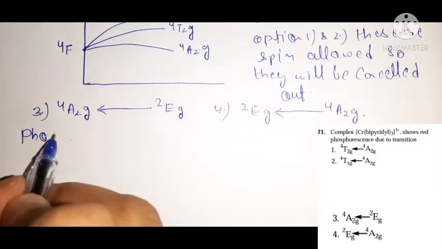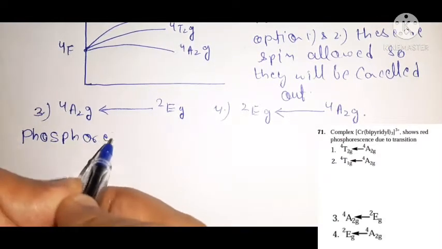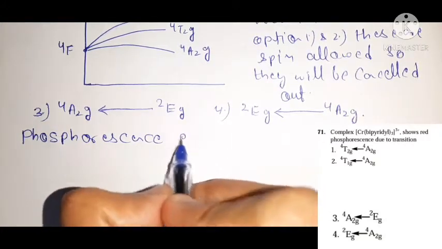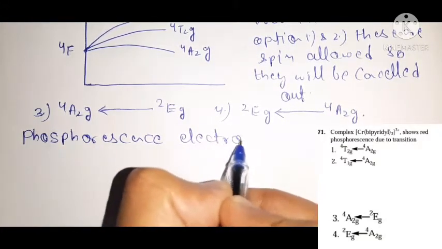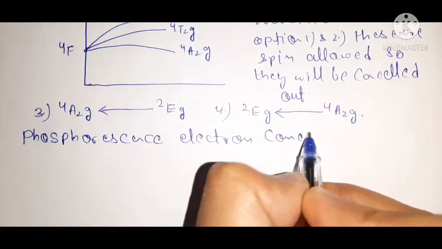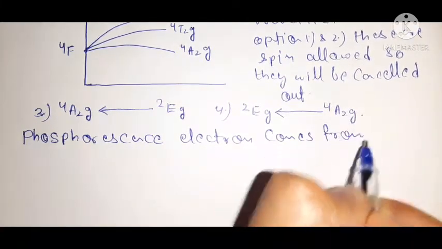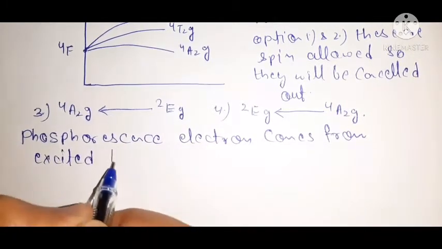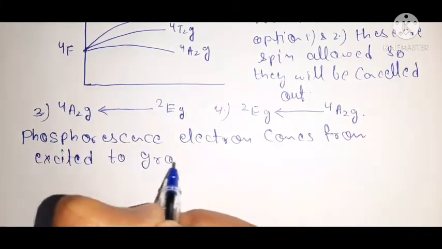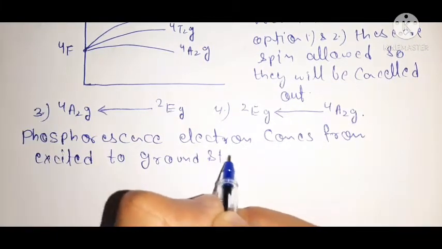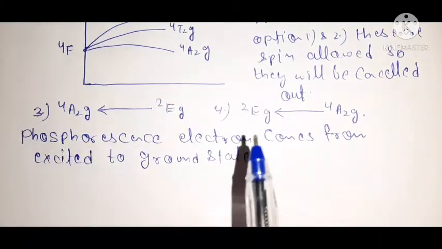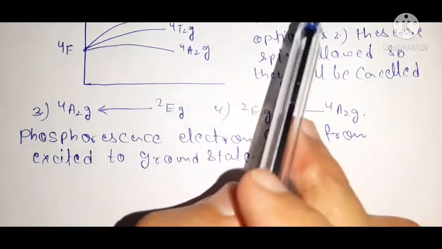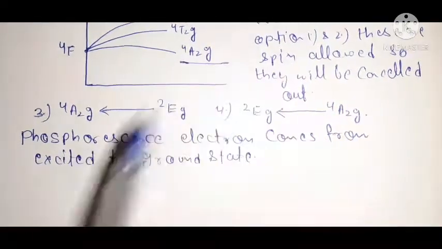So in phosphorescence, electron comes from excited to ground state, and on the basis of this orbital diagram we clearly see that in the case of chromium 3 plus 3d3 system, the ground state is 4A2g.